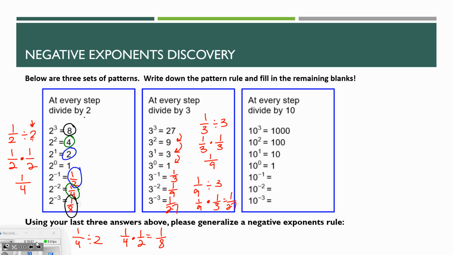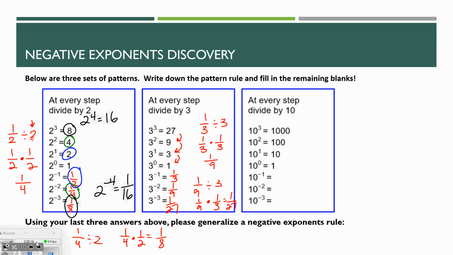So question for you. I could quickly figure out what 2 to the 4th is because it would be 8 times 2, right? So if 2 to the 4th is 16, what do you think 2 to the negative 4th is? It's going to be 1 over 16.